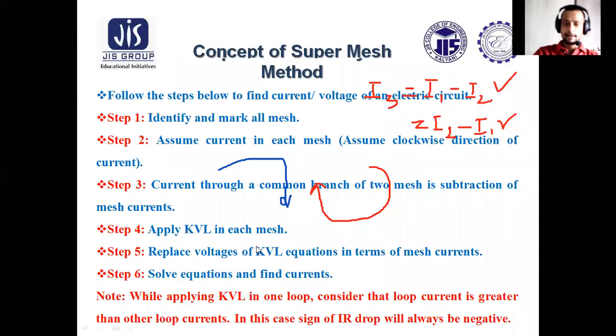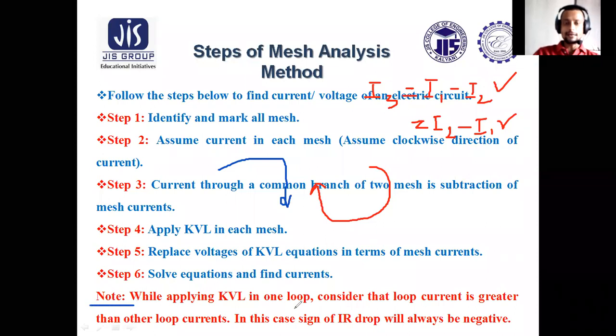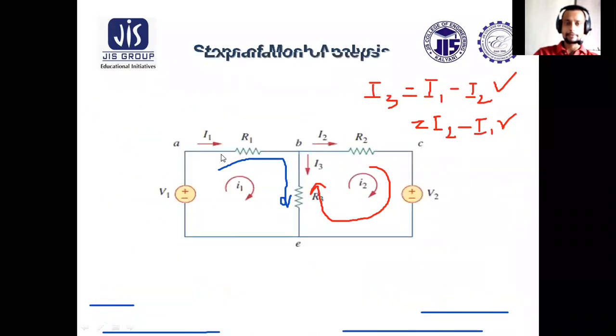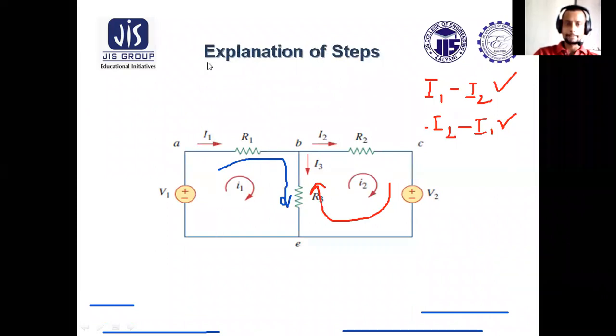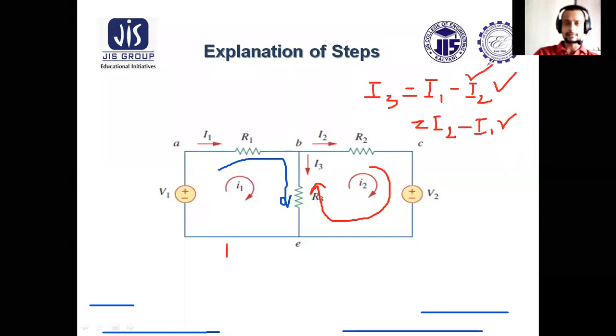But let us now come to this note. While applying KVL in one loop, consider that loop current is greater than other loop currents. In that case, IR drop will always be negative. What does that mean? If we are applying KVL in loop 1, consider this equation as the valid equation.